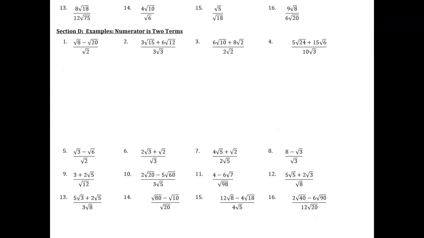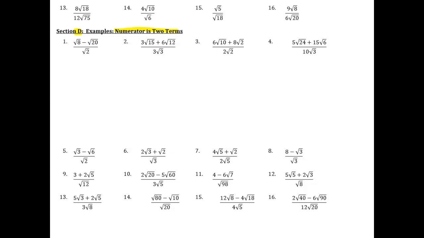All right, last part. In section D, the numerator is 2 terms. So it's 2 terms in each of these questions. Here's one term, here's the other, root 8, root 20. We can't subtract them or add them or do anything like that because they are not the same term.